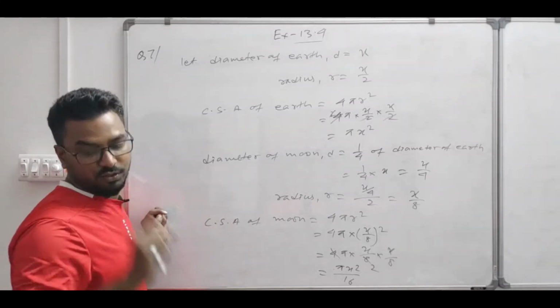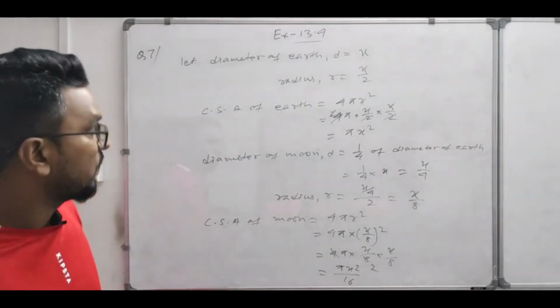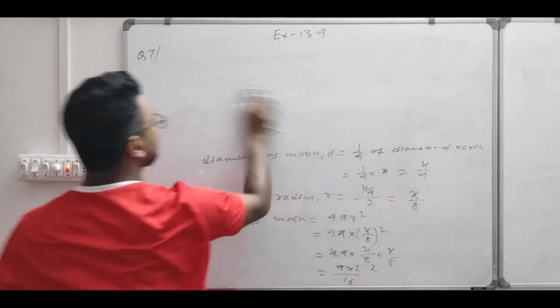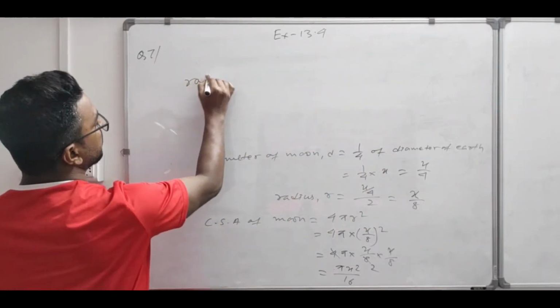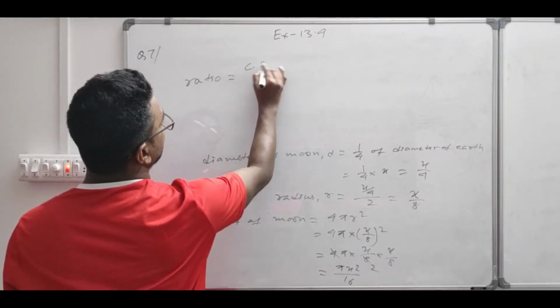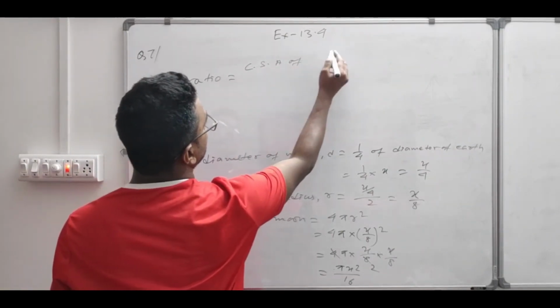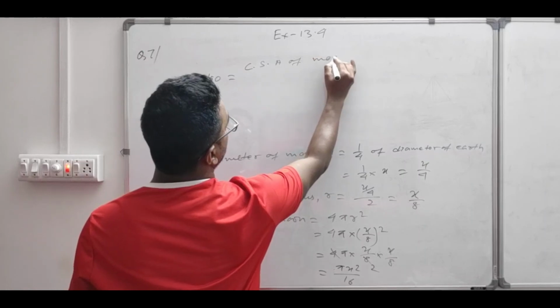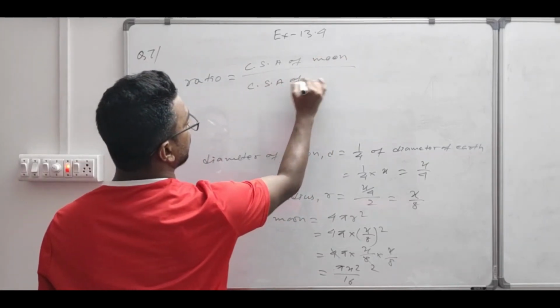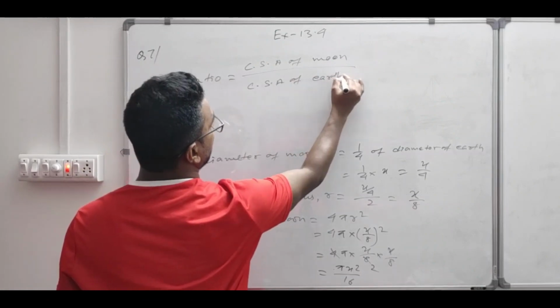Now you have to find the ratio of the moon with the earth. So what we will do, ratio is given by curved surface area of moon by curved surface area of earth.